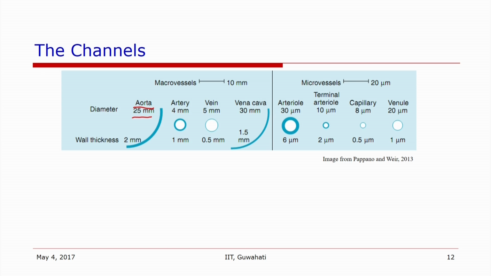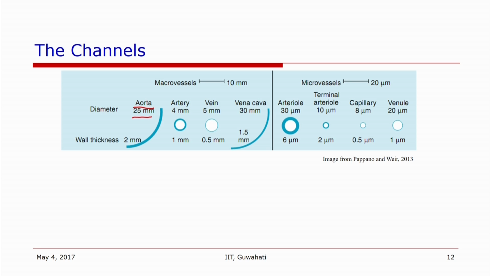Because the pressure in the heart is high, the pressure in the aorta is of course going to be high, and then it will reduce, as we will see after a few slides, as we go to the arteries and then the other systems.